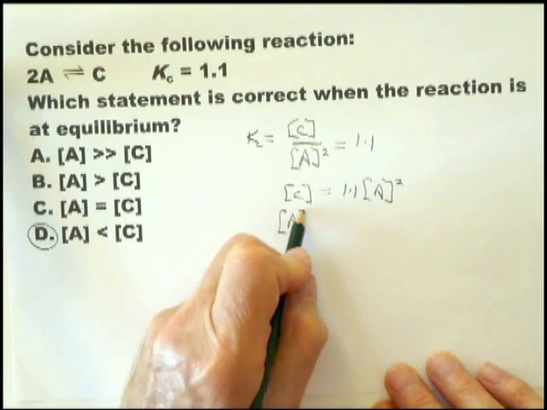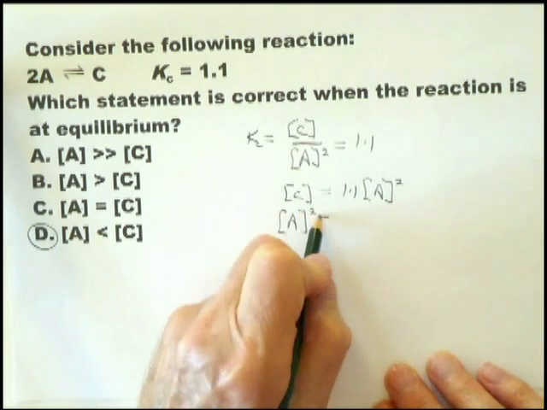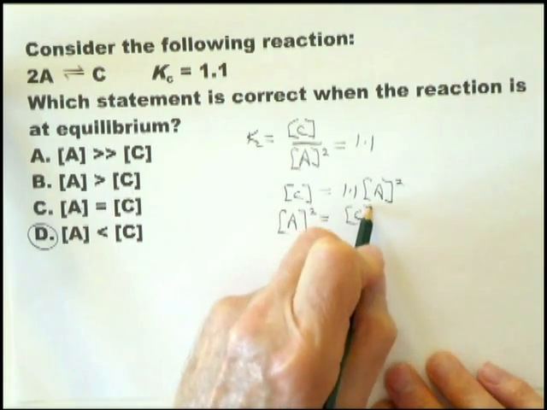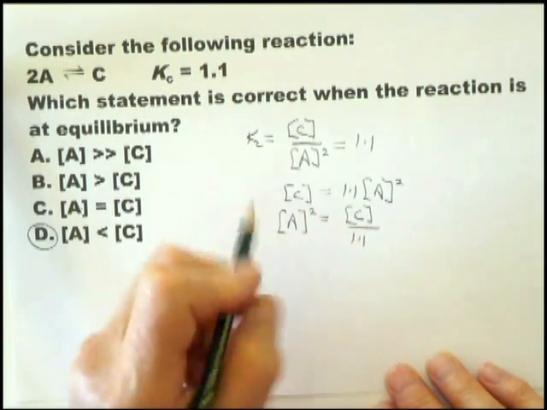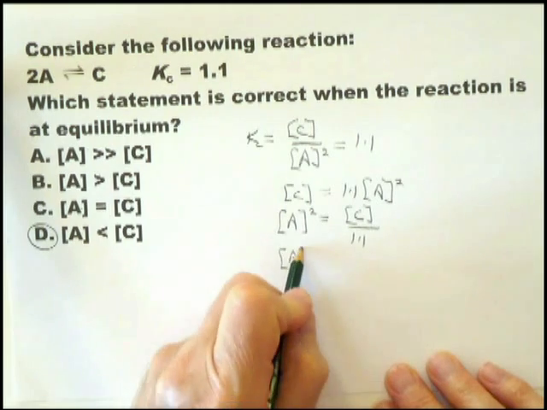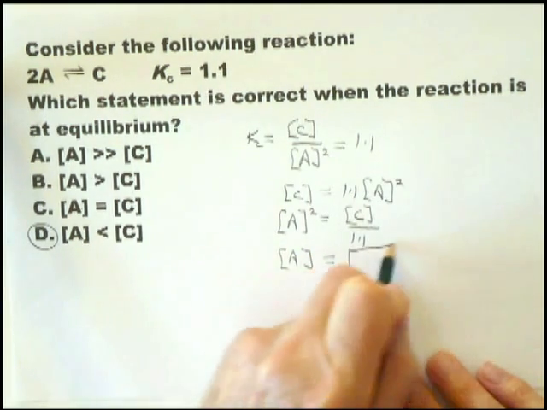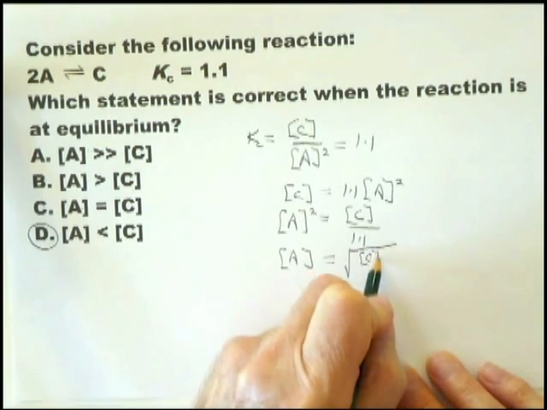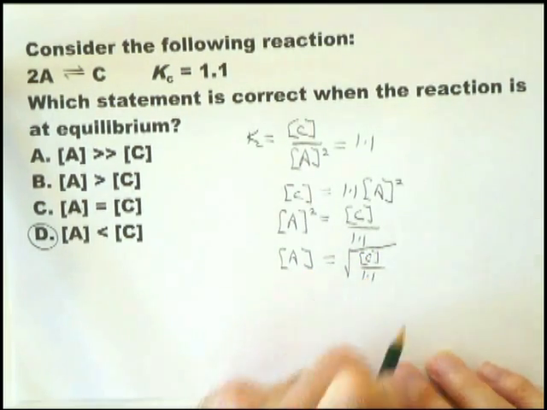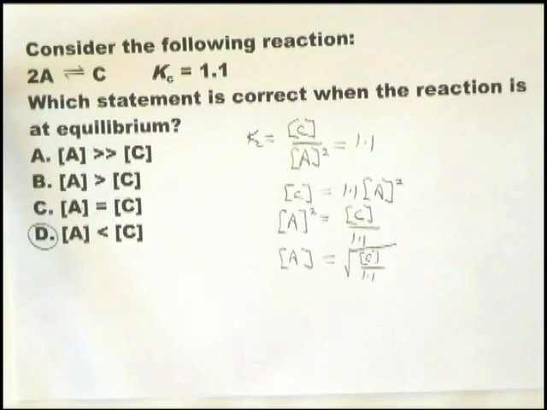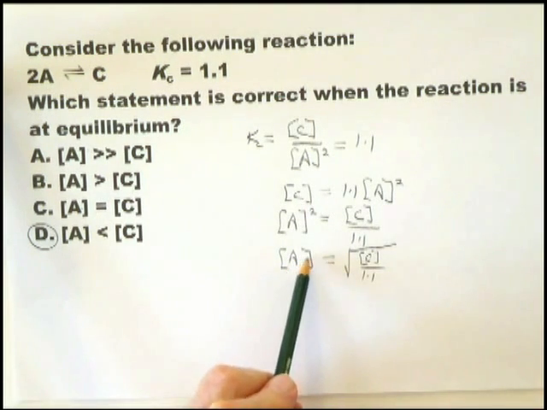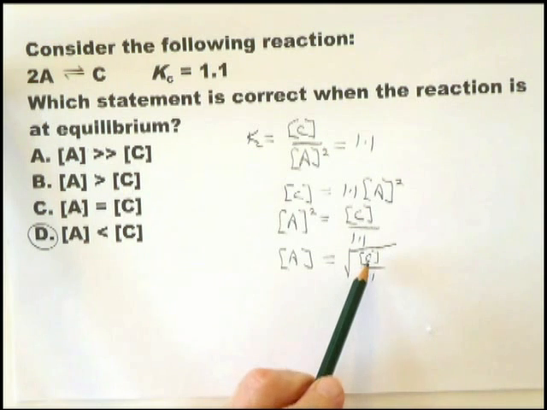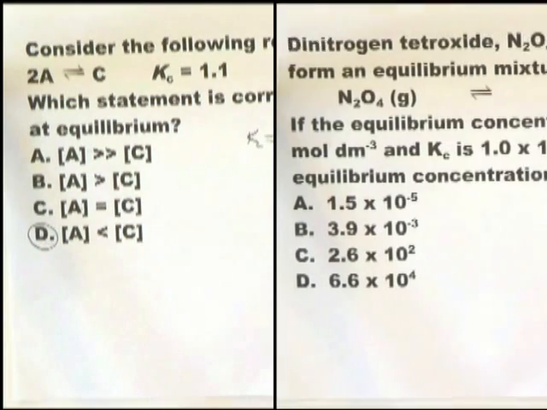I'm doing every step. A squared equals C over 1.1, and A equals the square root of C over 1.1. And you can see from that immediately the concentration of A is clearly less than the concentration of C. That's D.